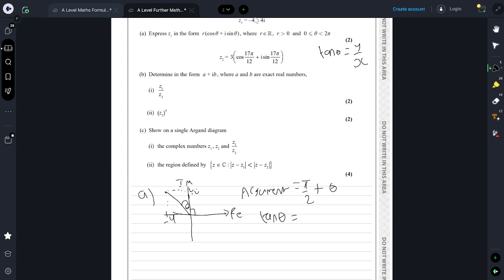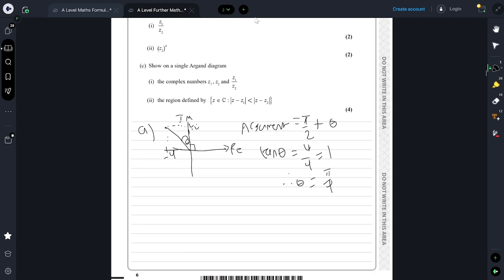Anyway, tan theta is 4 over 4, which should be 1, and that means theta would be pi over 4. So therefore, arg of z is pi over 2 plus pi over 4, which will be 3 pi over 4. Cool.